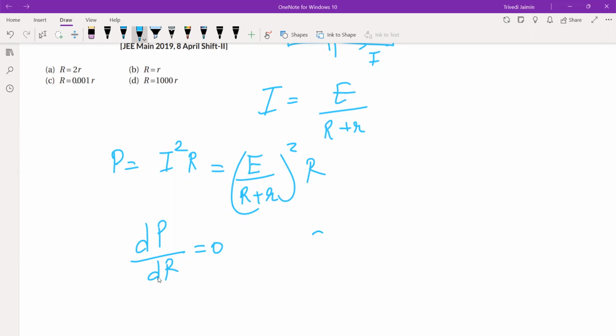So here, E square is a common constant, d by dR of R by (R plus r) the whole square. This is in U by V form.